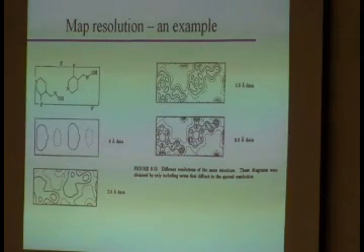So, what does map resolution look like? Here's an example. There's a structure, okay? Nice little organic molecule. Here is what those electron density maps look like depending on what your data resolution is. Here's 6 angstrom data. Anybody want to work with that? Not really, right?